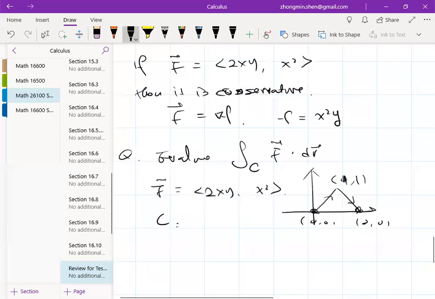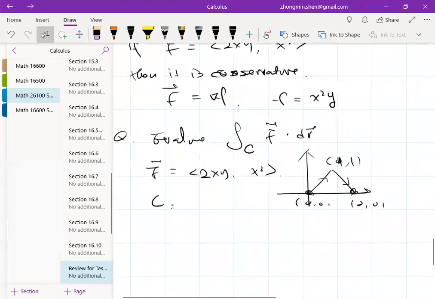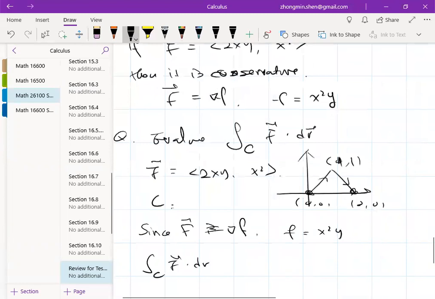So if you want to evaluate this line integral, then you have to parameterize each line. It takes too much time. Now, first of all, you have to say that this is conservative. Since it's conservative, and F is the gradient of f, where f is x squared y, then this line integral is just the value of the function at the 2 endpoints.